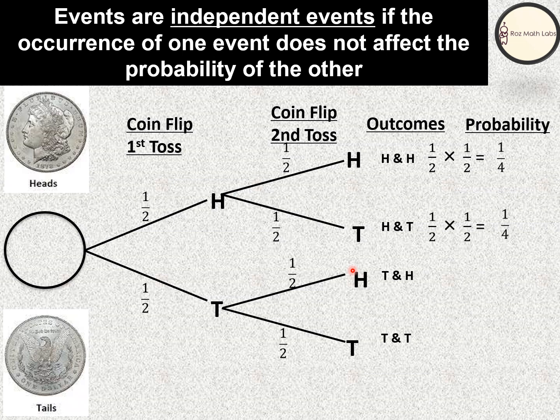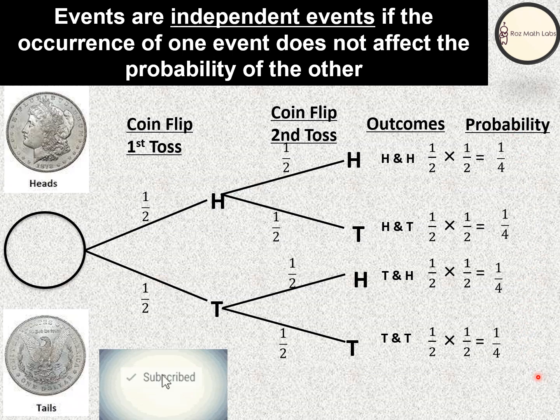So the outcome for head and tail is also 1/4. The outcome for tail and head, when we multiply the probabilities, we get 1/4. Tail and tail, again half into half, 1/4. When we add the four outcomes, it will always give us 1.